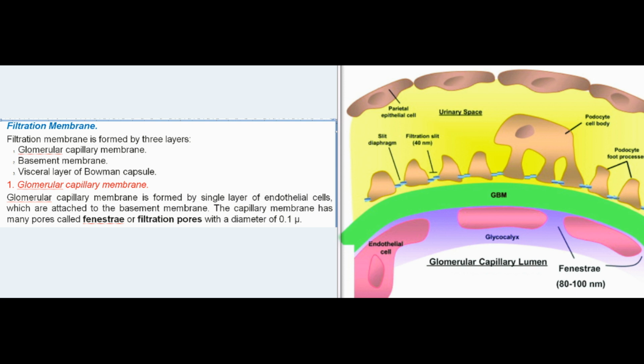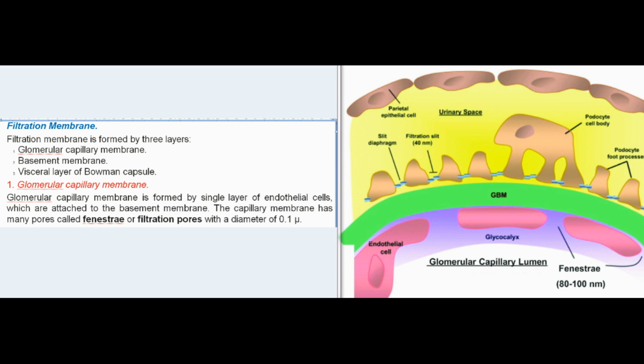Filtration membrane. Filtration membrane is formed by three layers: glomerular capillary membrane, basement membrane, visceral layer of Bowman capsule. 1. Glomerular capillary membrane. Glomerular capillary membrane is formed by single layer of endothelial cells, which are attached to the basement membrane.